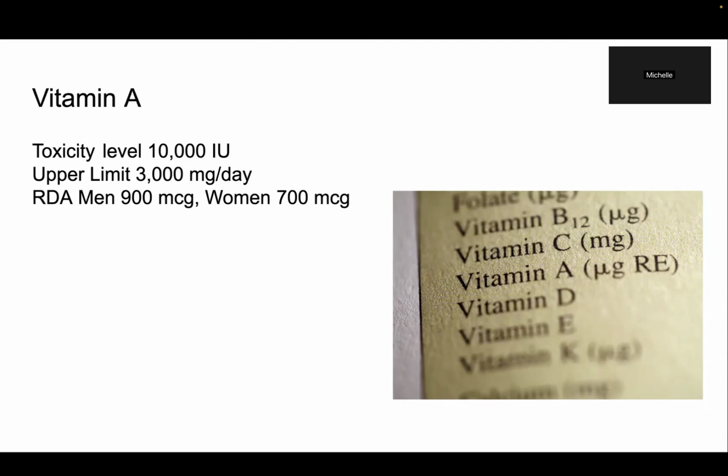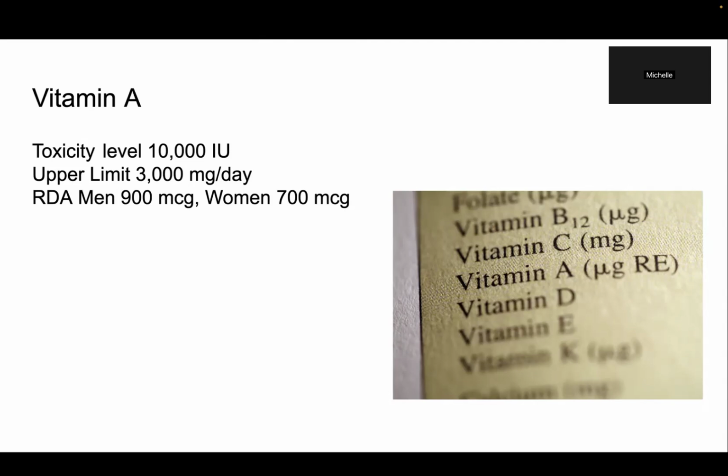It's stored in the liver, with carotene as a precursor and provitamin concentrated in the intestinal mucosal cells. It's used for skin, vision, growth, immunity, and teeth. Sources are yellow and orange fruits, dark leafy greens, and fish liver.